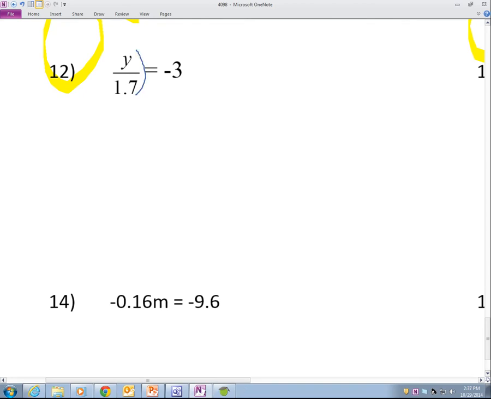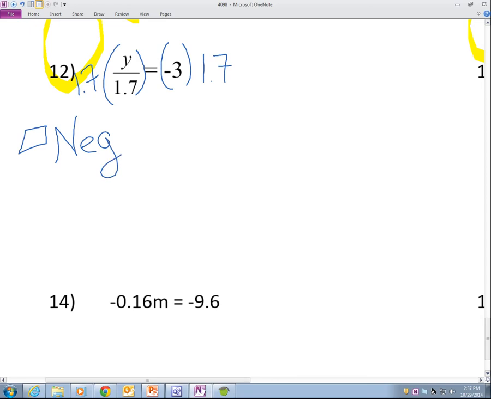Y is being divided by 1.7, so that means I have to multiply by 1.7 to both sides because of the multiplication property of equality. And there's two things that I can know now. That y is going to be negative, because in order for a positive and a negative to come together, it'll have to be negative. And because I have one decimal point there in a multiplication problem, I know that there's one decimal.